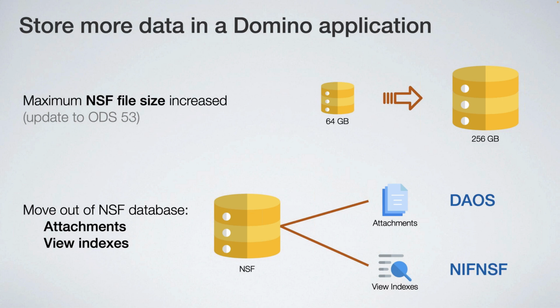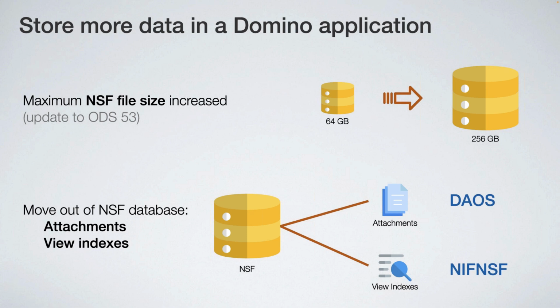We know that by default full text is moved away. Full text is stored in a separate .ft subfolder next to the database. And in similar ways, you can store view indexes out of the database. In some databases, the indexes could take a big portion, like 30-40% of the NSF database.